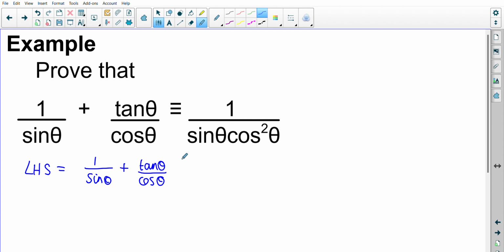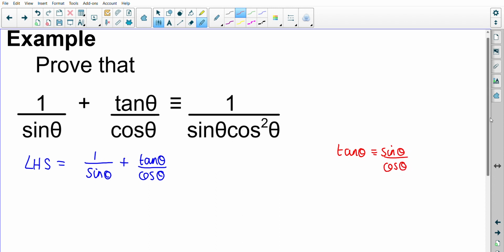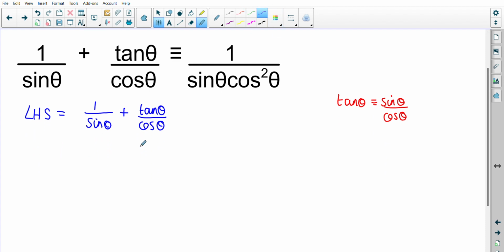Right, so straight away I see a tan theta. So it's not going to be very nice, but I'm going to change the numerator to sine theta over cos theta. Now I can work with this a little bit. If I just write it over here, two ways we can think about this.